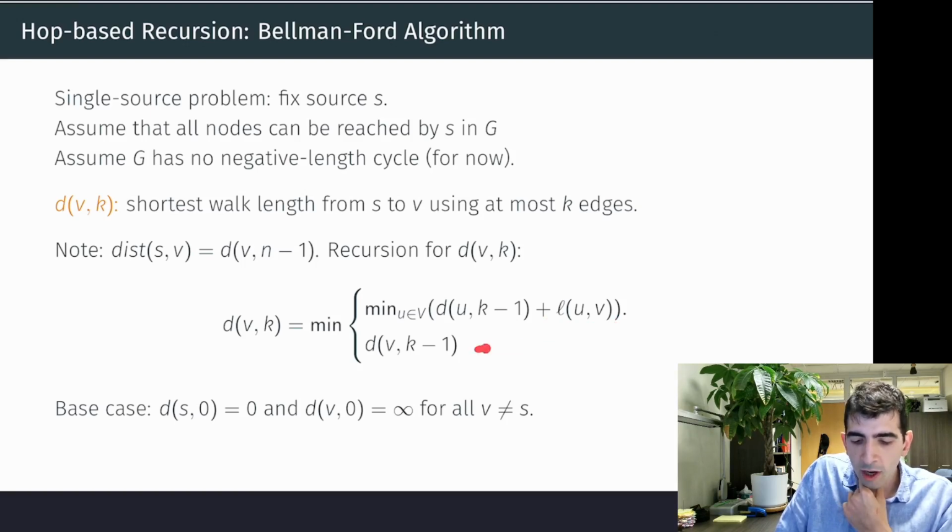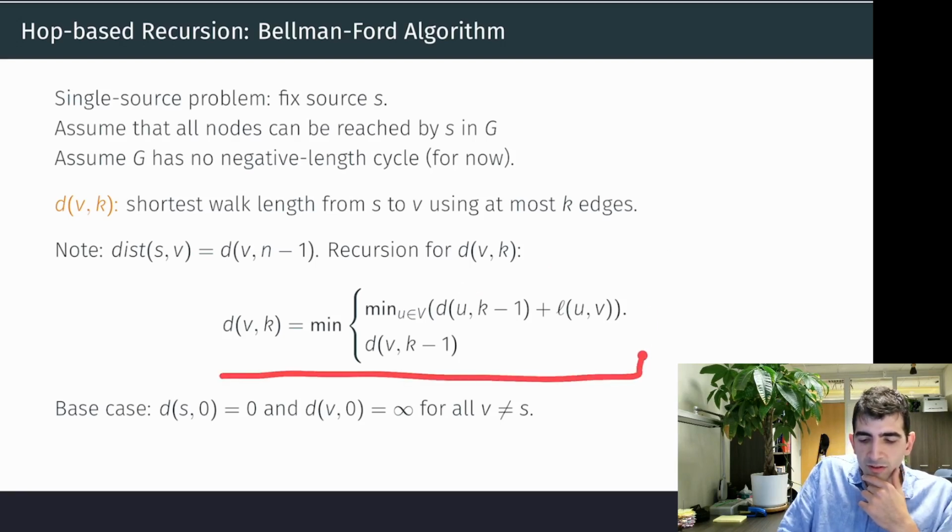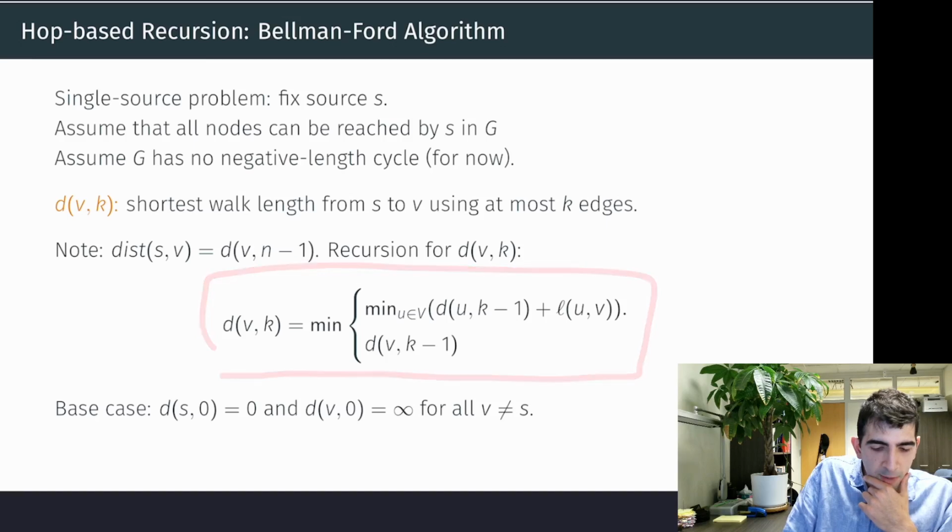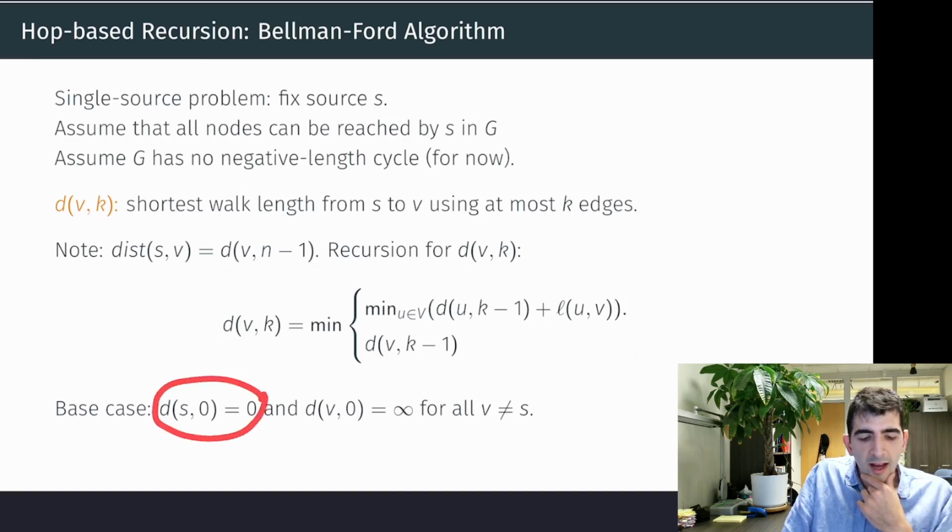Okay, so either we're not adding a kth edge or we are adding a kth edge, and there will be some intermediate u for which we took k minus 1 edges to get to u, and then we took the kth edge to get to v. Okay, and of course we need a base case somewhere to start from, and so our base case will simply be that the shortest path from the start node using 0 edges is 0.